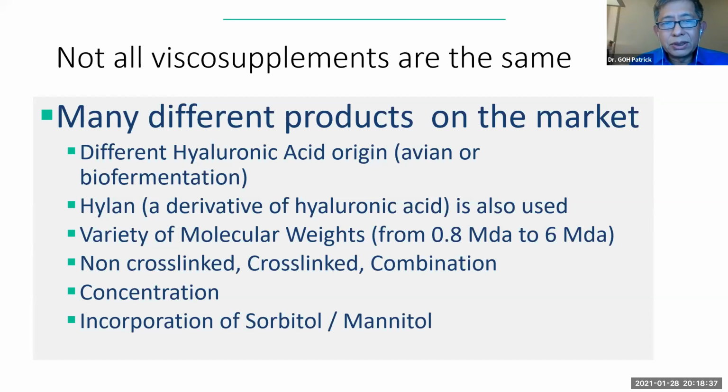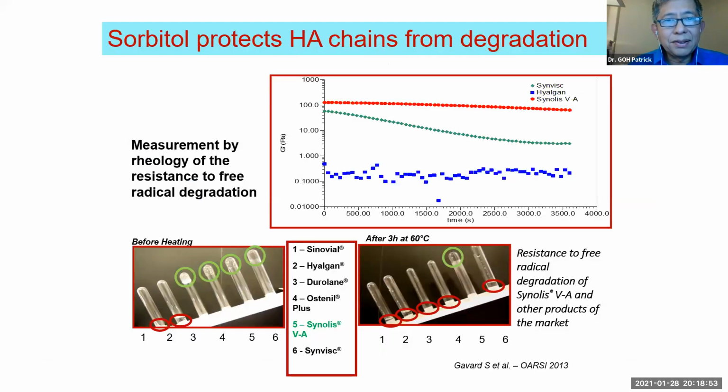Even in the normal joint, you would get a variety, but generally, the healthier the synovial fluid is, the more it veers towards the high end. There are non-cross-linked and cross-linked combinations. There are different concentrations, and whether they incorporate a sugar such as sorbitol or mannitol. Why is this important? Because sorbitol sugars protect the hyaluronic chain from degradation.